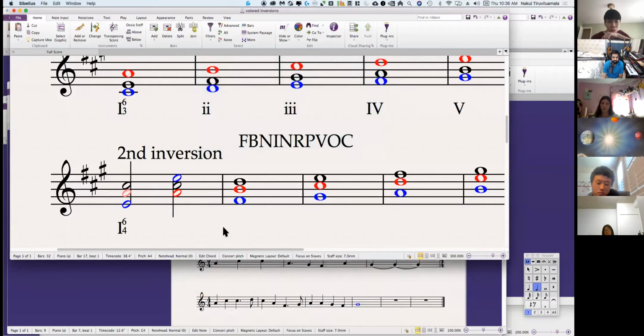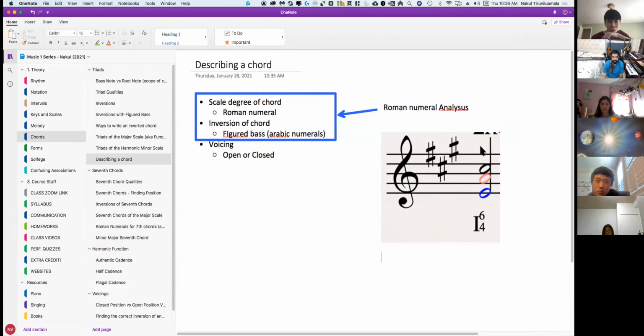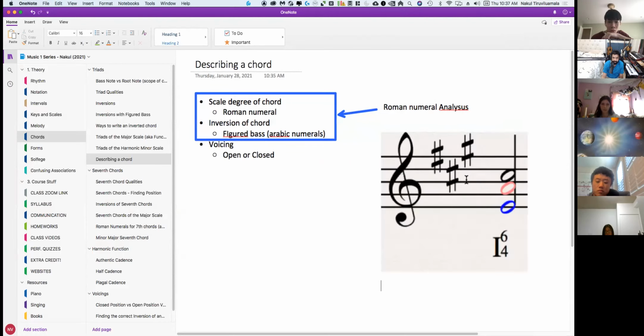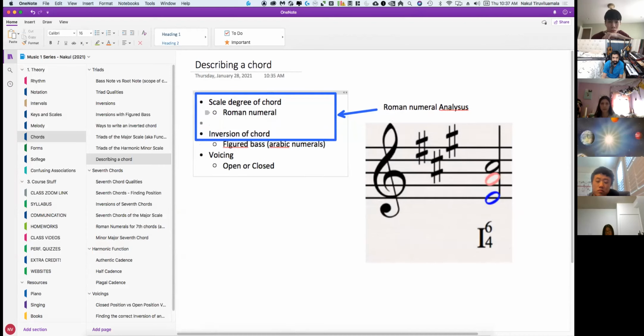So if I bring this chord out into view, and I put this over here, Roman numeral analysis is pertaining to this. So let me actually expand on this a little bit more, right?